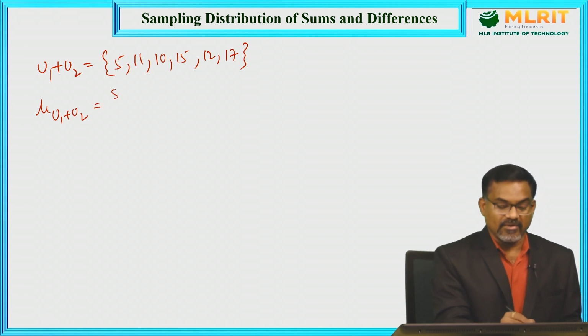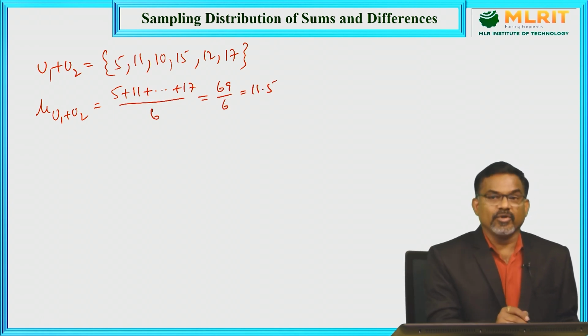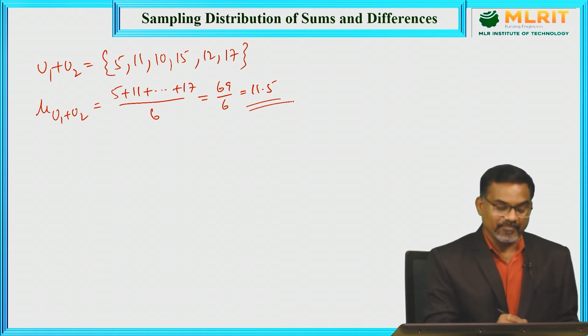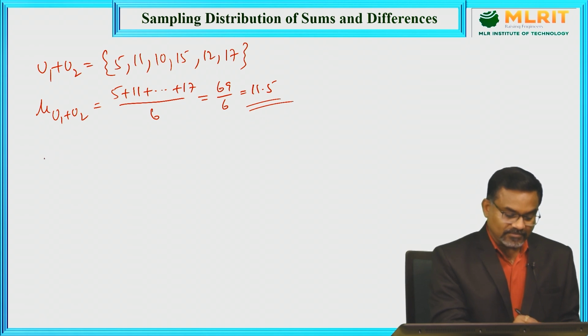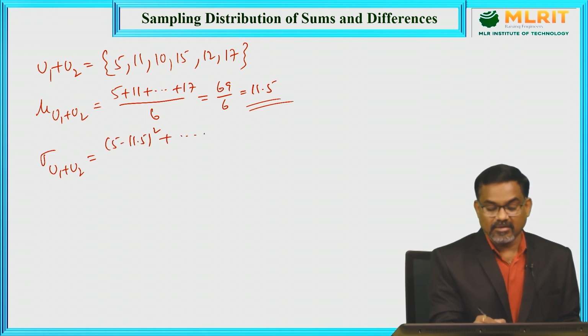And what is that? Sum of all these values divided by the total number of values, 6. So mu U1 plus U2, that means the mean of the sum, is equal to 69 by 6, which results as 11.5. And also the standard deviation of U1 plus U2: from each individual value subtract this mean, whole square, plus so on.